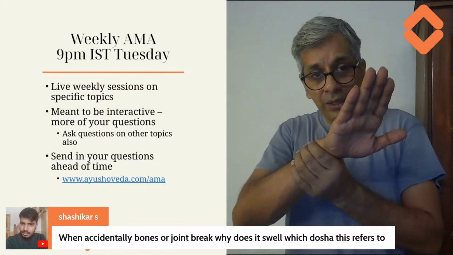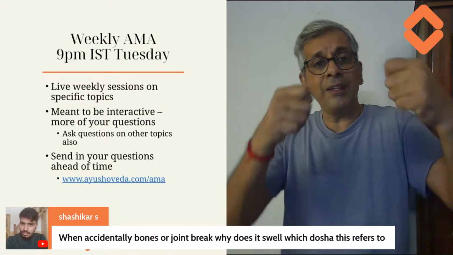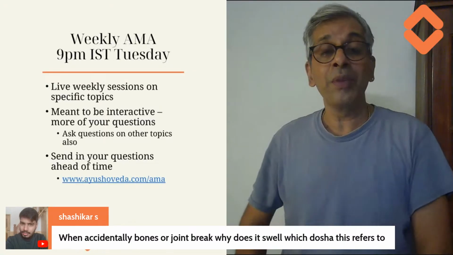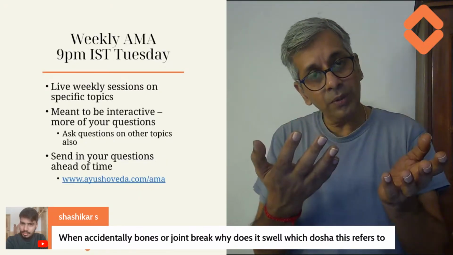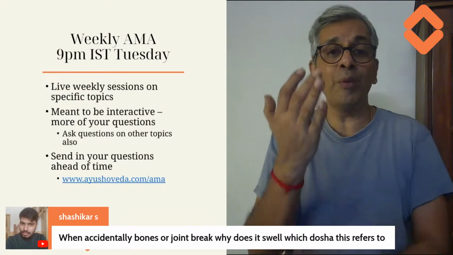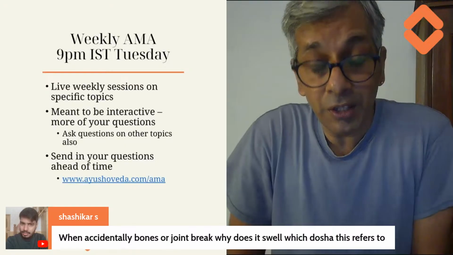So when you get that bend, the muscle goes elastic and comes back, so the impact on the joint or the bone is less. If they are not toned, that means they are lax. When you get hit, the hit is directly on the joint or the bone, and that's the reason why you get a fracture or a sprain.